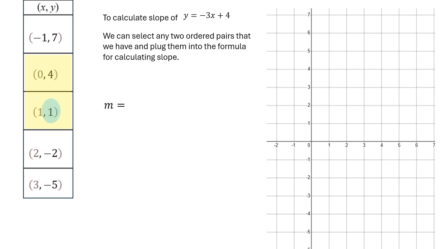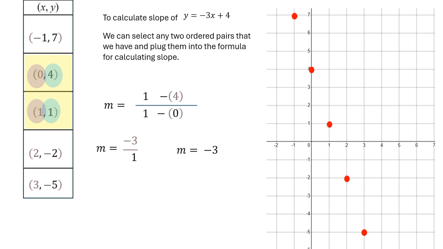Slope equals 1 minus 4 over 1 minus 0, giving us -3 over 1, which reduces to just -3.